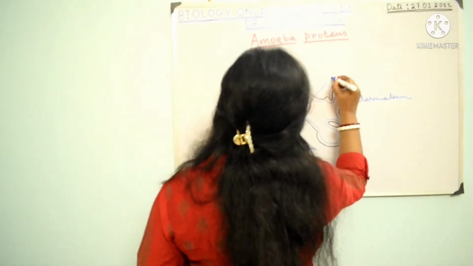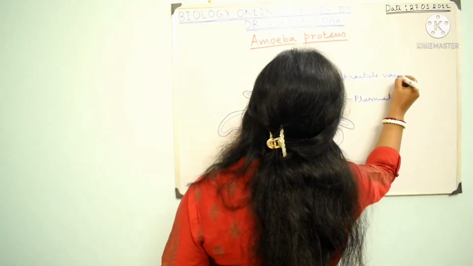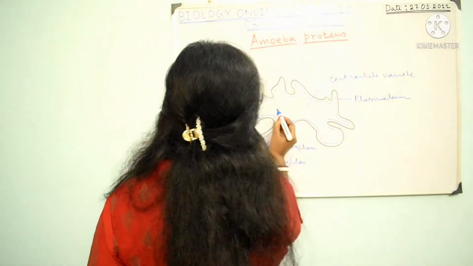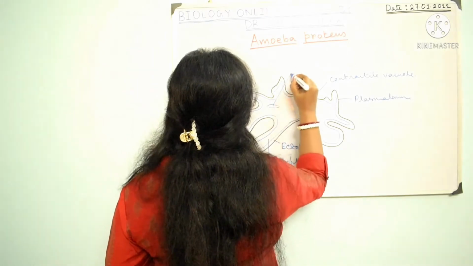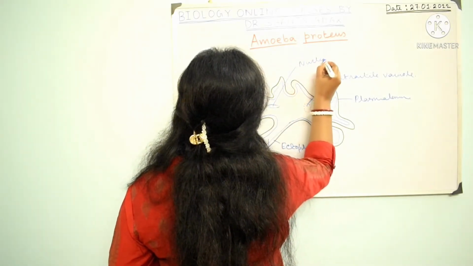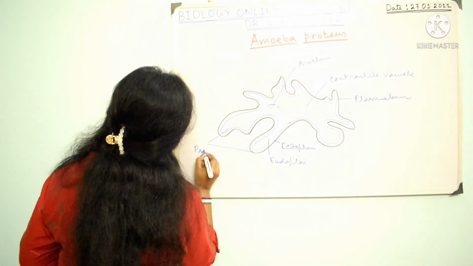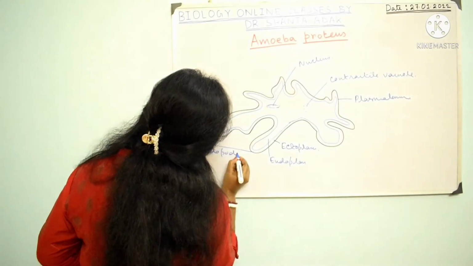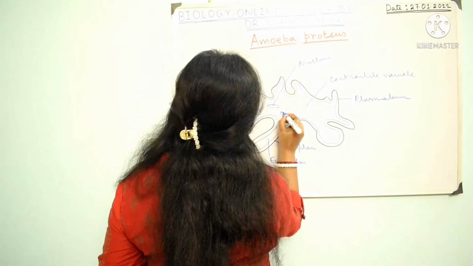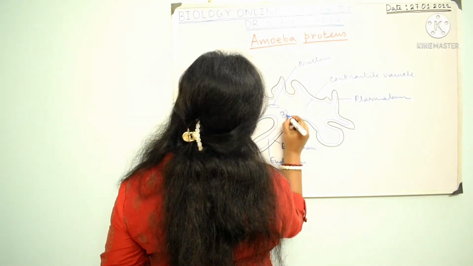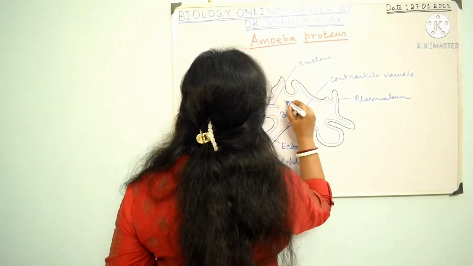This one is known as the contractile vacuole. There will also be the presence of a nucleus. All of these are pseudopodia. These are minute. These are all food vacuoles.